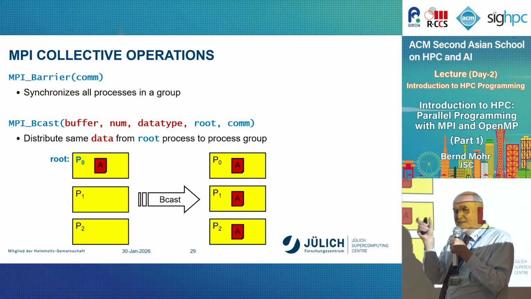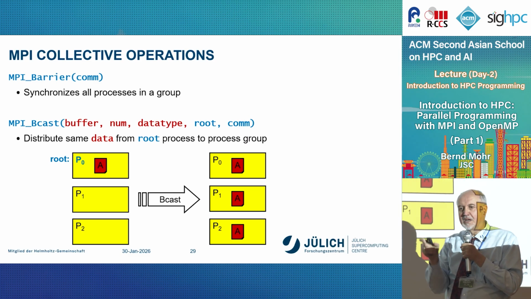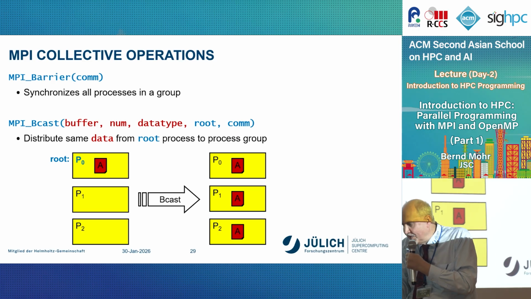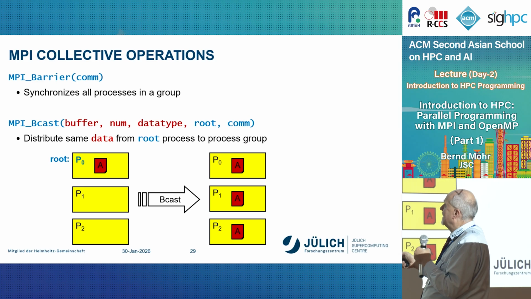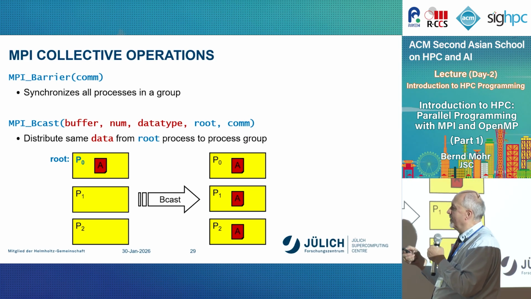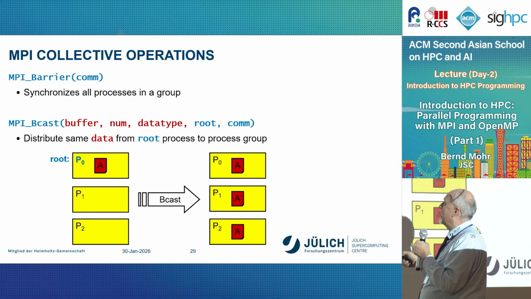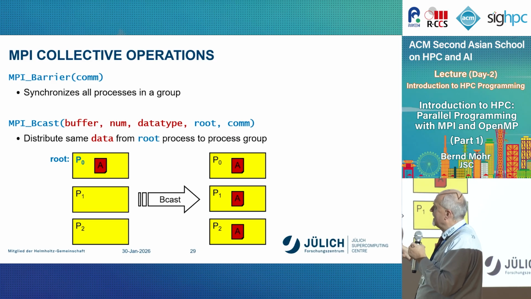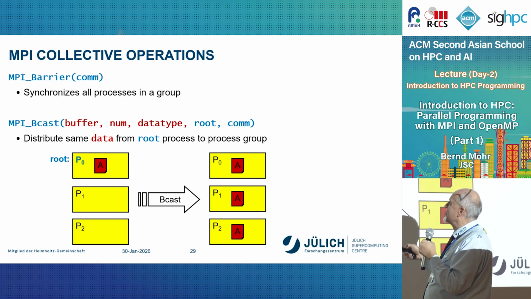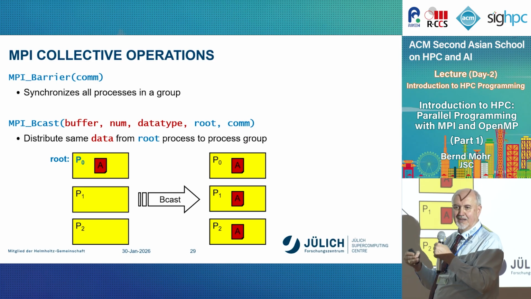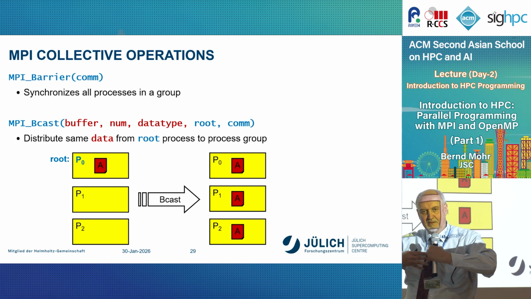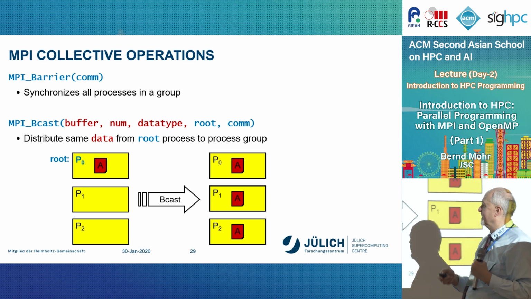Normally this is the name of a variable, because the name of a variable stands for that location in memory. We cannot just send a number or a character; we can also say this variable contains 1 integer or 5 floating points. So we can also send a whole vector of data at once.